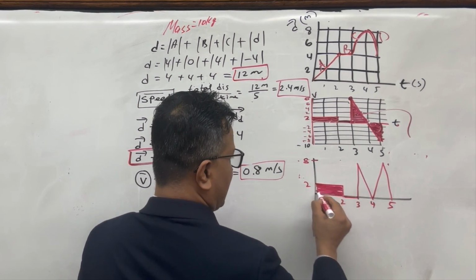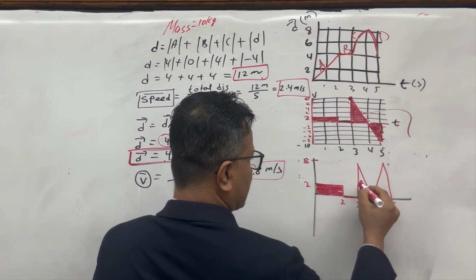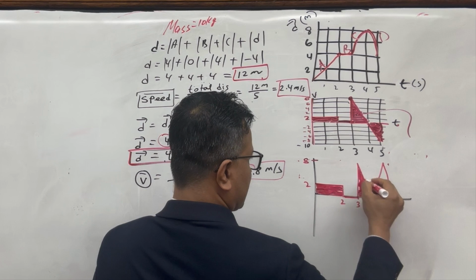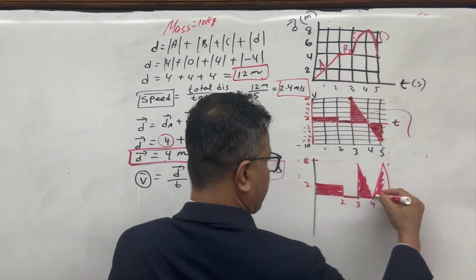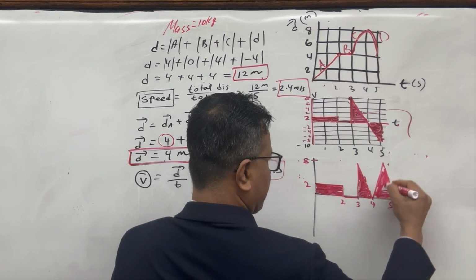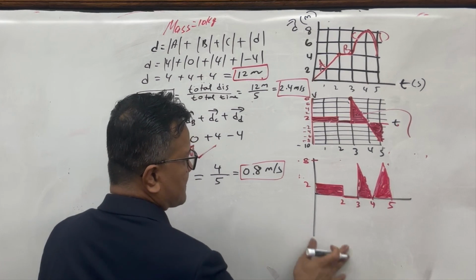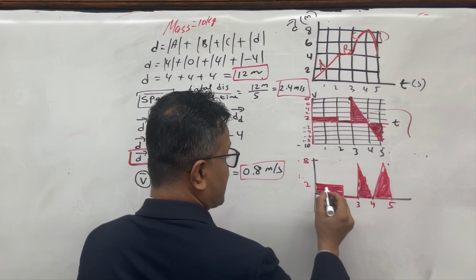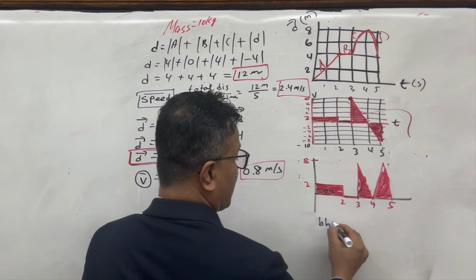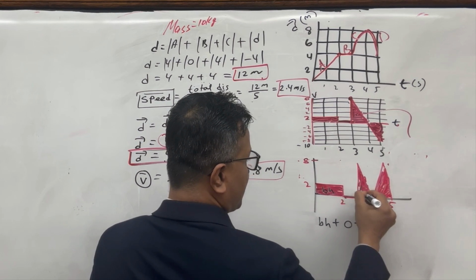area under the curve, and we're going to prove that this is actually 12. Okay, so what is it? BH, which is this one, plus 0 plus BH.